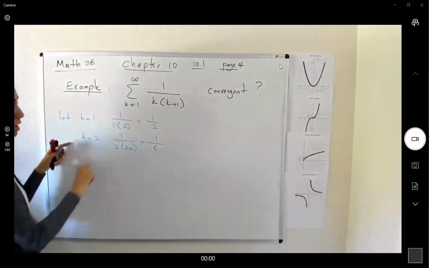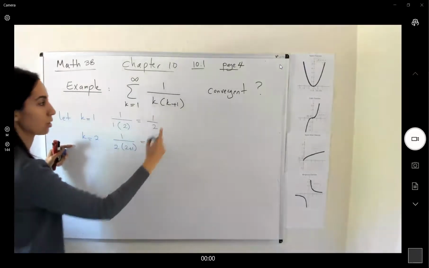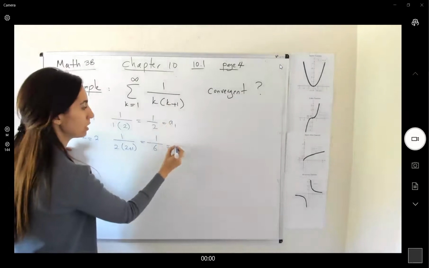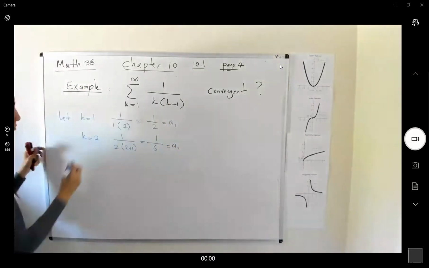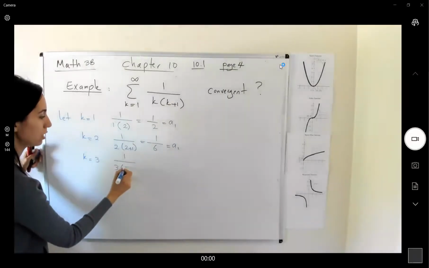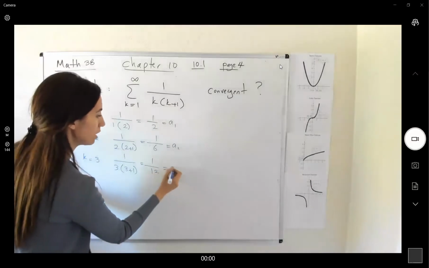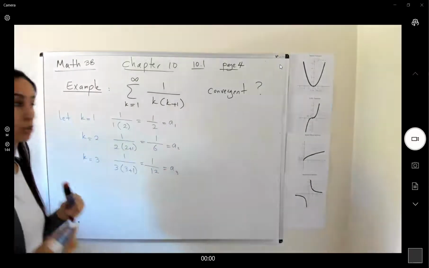This is a sub 1, this is a sub 2. If k is equal to 3, we get 1 over 3 times 3 plus 1, which is 1 over 12, a sub 3, and you can continue this process.